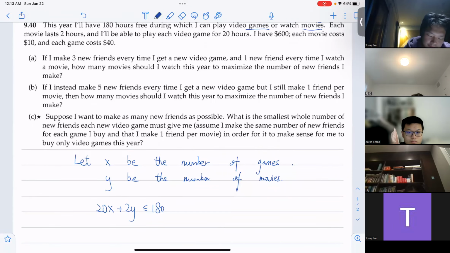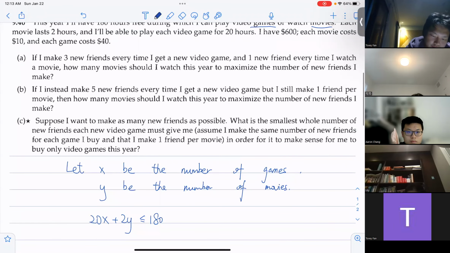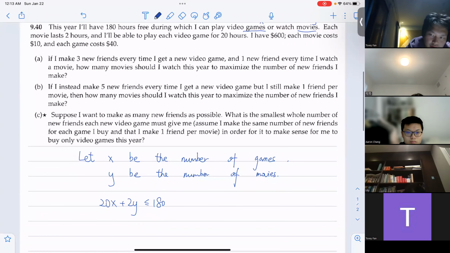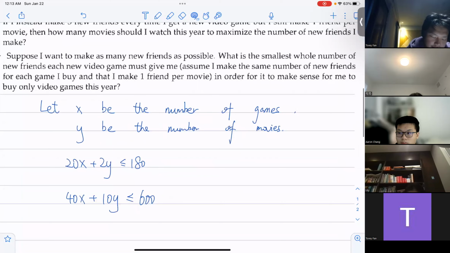Everyone wanna try it? For money, you only have $600 in total. So 10y plus 40x is less than or equal to 600. Good, 40x plus 10y less than or equal to 600.